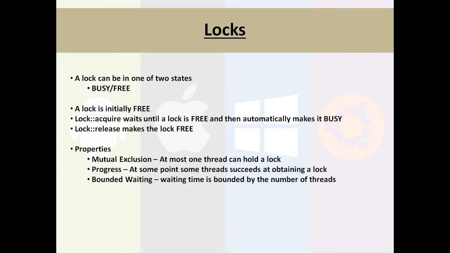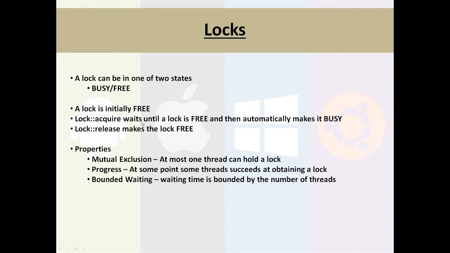So now our locks can be in one of two states, busy or free. A lock, when you create it, is initially free, meaning that anyone can access the lock. No one's acquired it yet. And lock acquire, which is kind of like a function, waits until a lock is free.